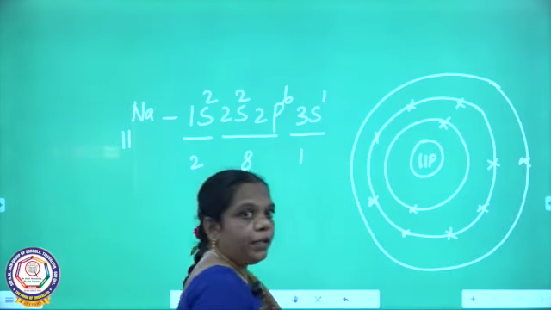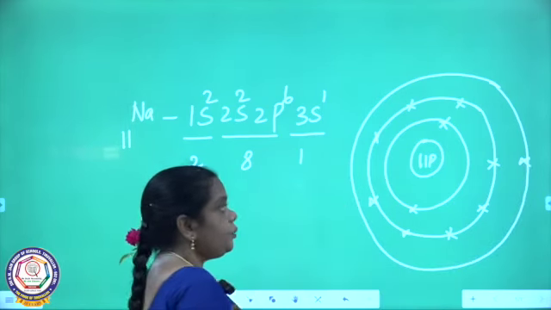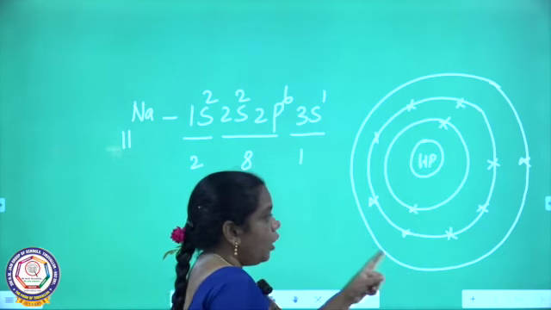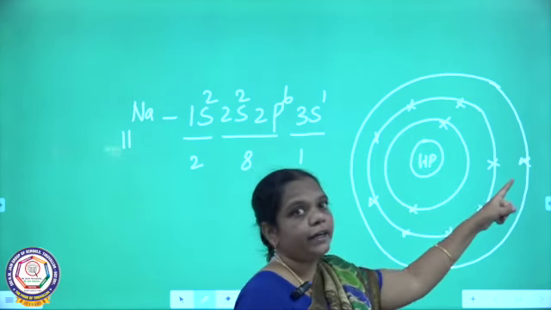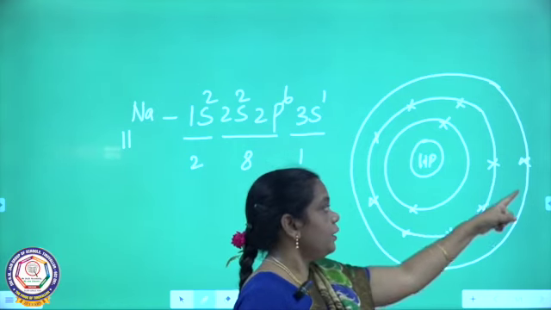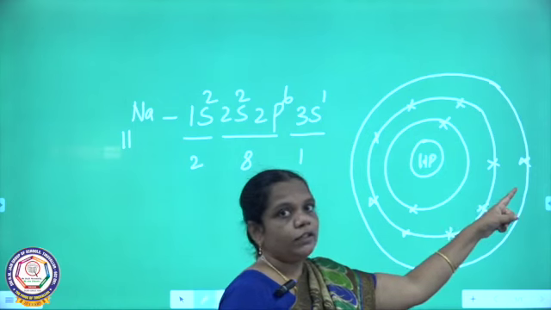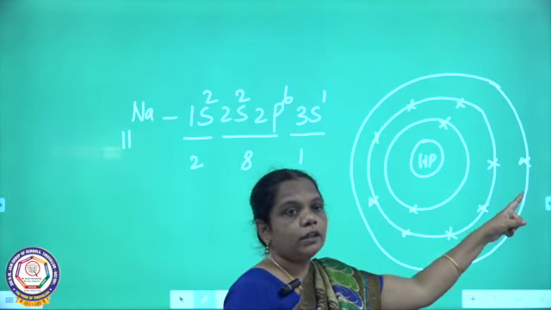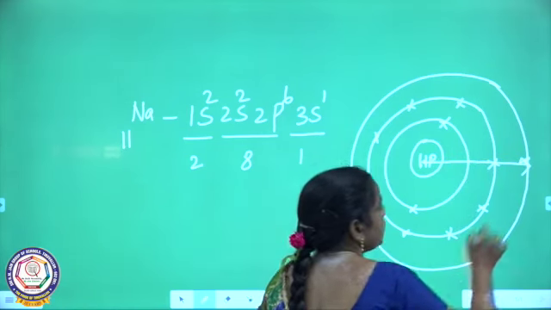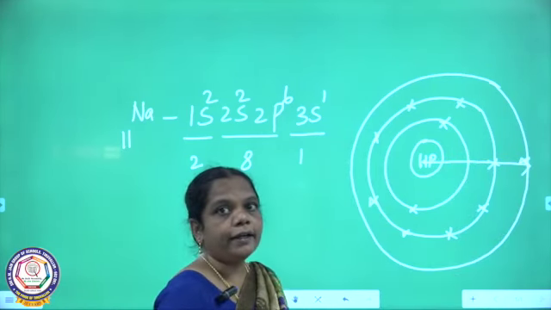So what is atomic radius? It is the distance between the center of the nucleus, this is the center of the nucleus, and the outermost shell containing valence electrons. The valence electron is nothing but the electron present in the outermost shell. Which one is the outermost shell? The third energy shell only. So this is the radius of an atom.